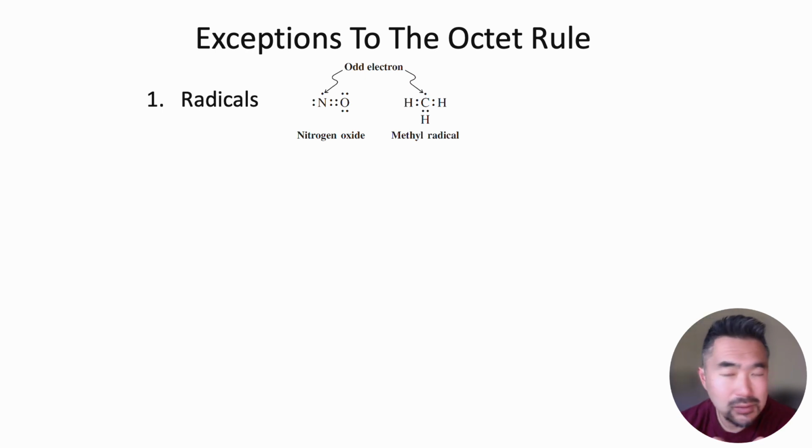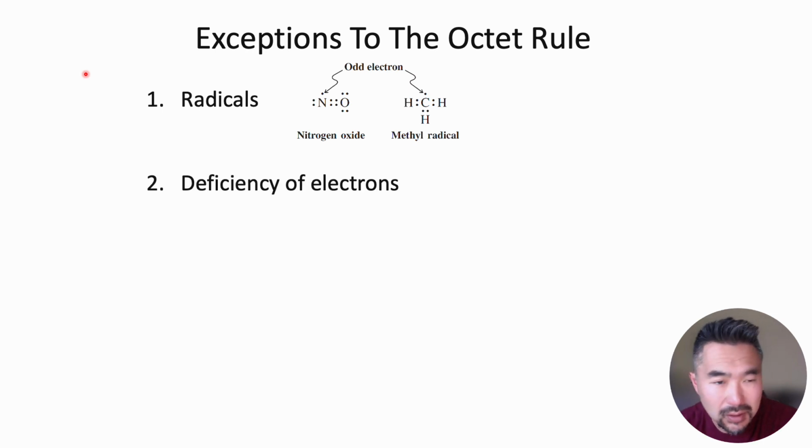So one of those would be radicals, when you have unpaired electrons on an atom, like if you have a methyl radical or nitrogen radical. Fortunately, we're not going to encounter any radical compounds or intermediates until the end of the semester, but you will.